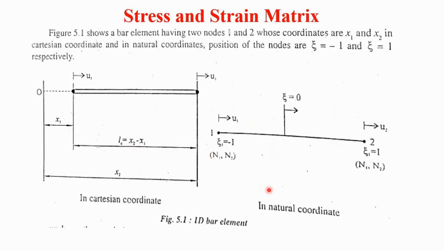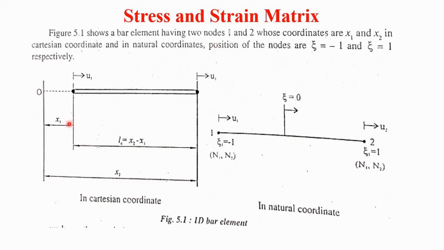Now we will see the stress and strain matrix equations, or derivation, here. In this example, a 1D bar element is considered. In this figure, the bar element has two nodes, 1 and 2, the first node and the second node, whose coordinates in the Cartesian coordinate system are x1 and x2.